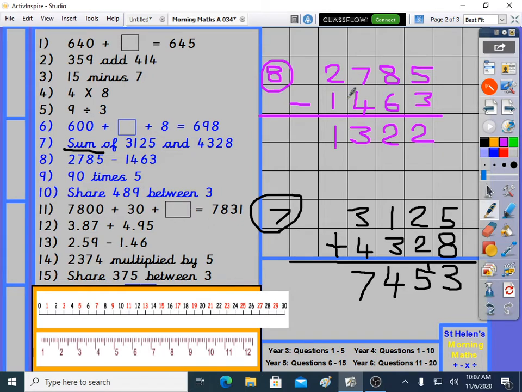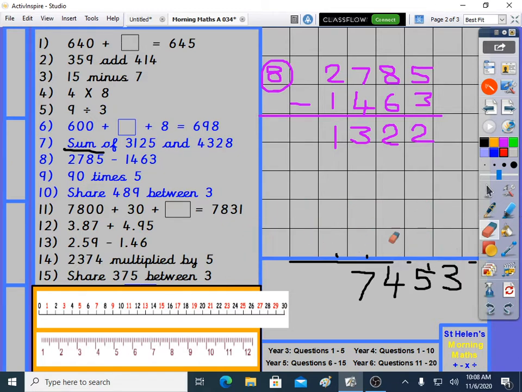Do you know why that was quite a kind question? Quite an easy 4-digit minus 4 digits? It's because there was no help needed, no carrying, no borrowing needed or anything like that. Our answer is 1322 because minus makes things smaller usually. Question 9.